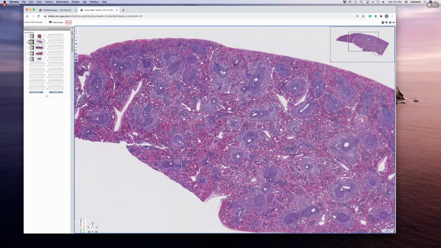So this zone that surrounds the white pulp, on the very edge, is called the marginal zone. So the blood goes through the marginal zone and then it goes into the red pulp. There are capillaries all the way around.